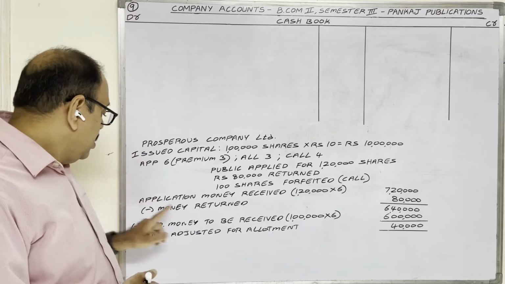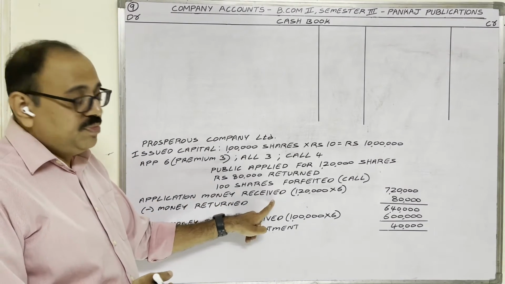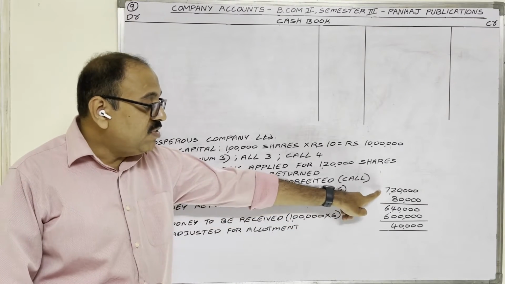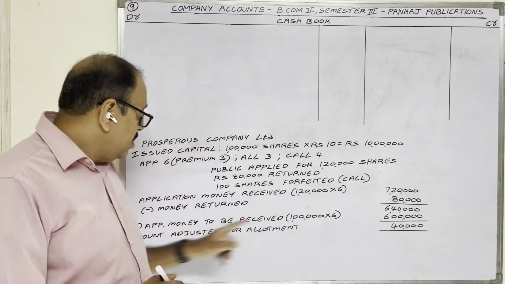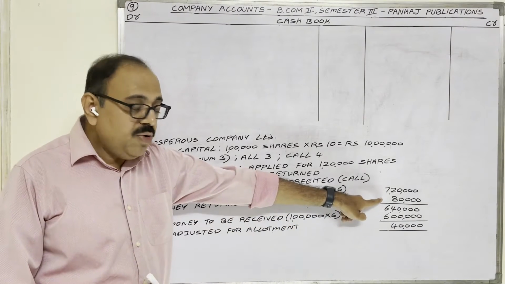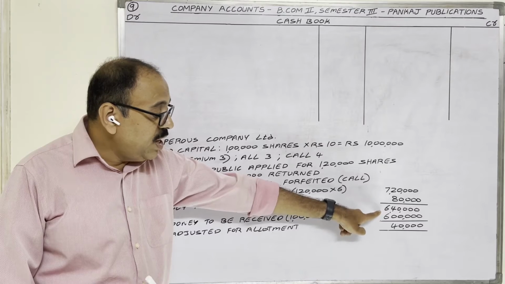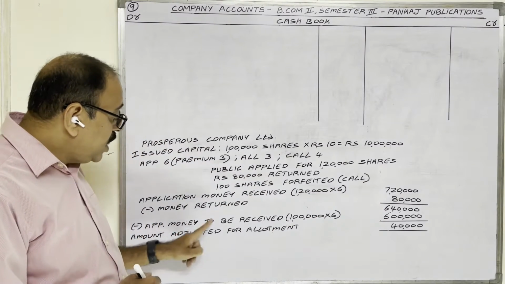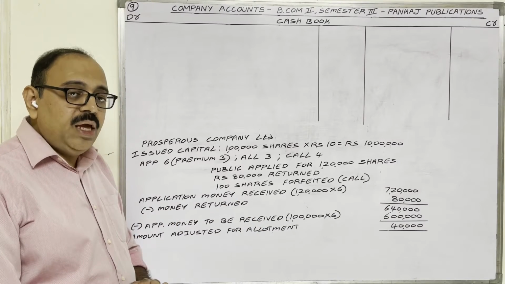Let us see. Application money received on 1,20,000 shares at the rate of 6 rupees each, 7,20,000 rupees came. Minus money refunded. The company returned 80,000, no? If you subtract that, the remaining amount is 6,40,000. Actually, how much application money should be received by the company?